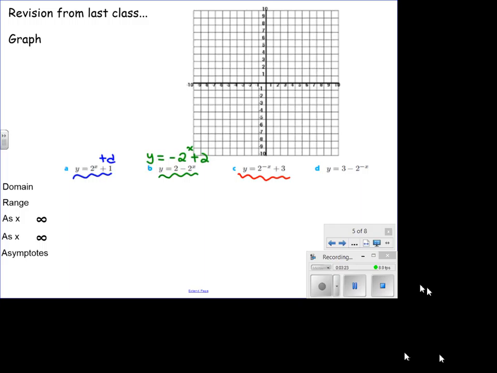That one's actually in a nice form. However, if it helps, think of this 2 to the negative x as really 2 raised to the negative 1x. So I could rewrite 2 to the negative 1 as you guys know, 1/2. So we should see a decay for this one.